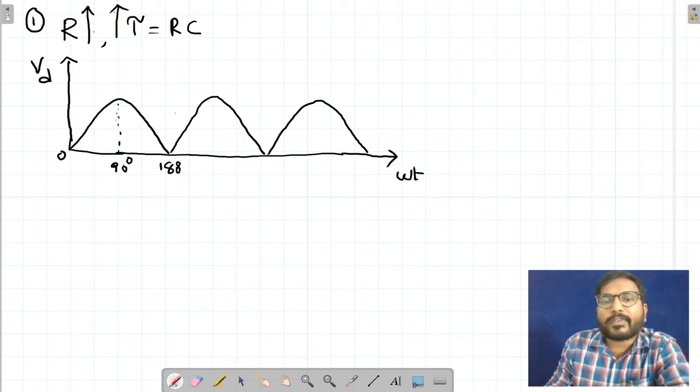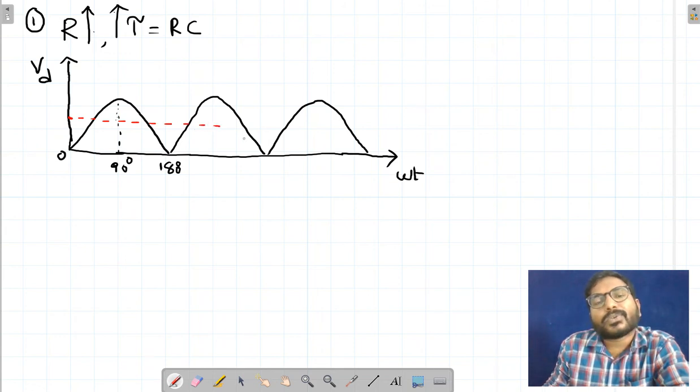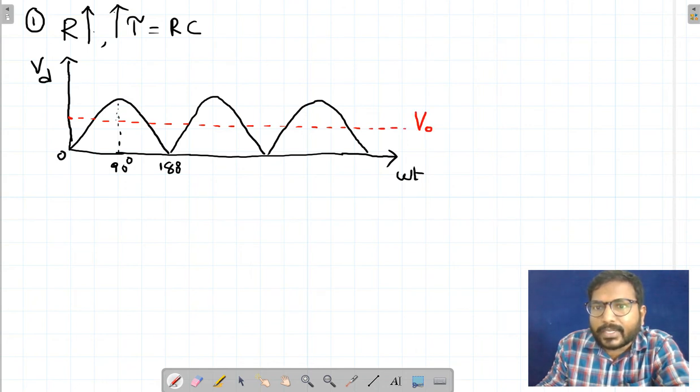This is the voltage available to charge the capacitor. And one more representation: there is a required voltage at the gate, or reference voltage, to trigger the gate. That is VGT, the gate terminal voltage required to turn on the SCR. So what is the condition?